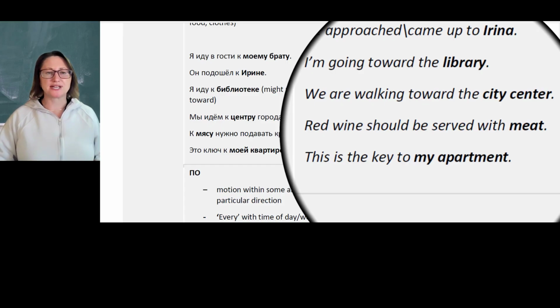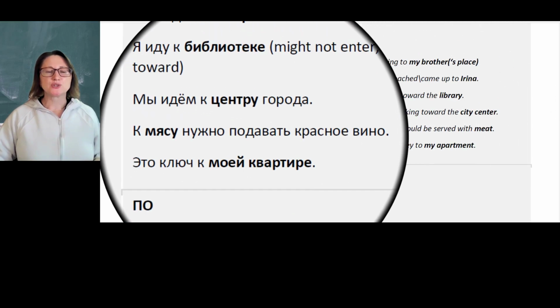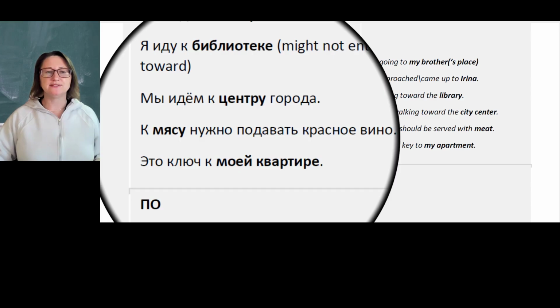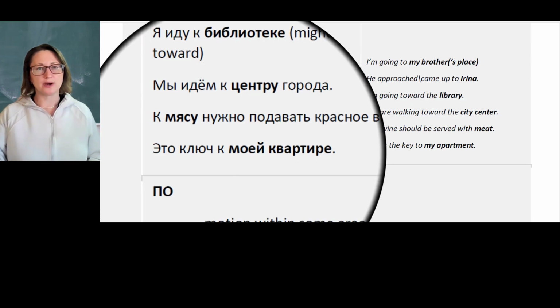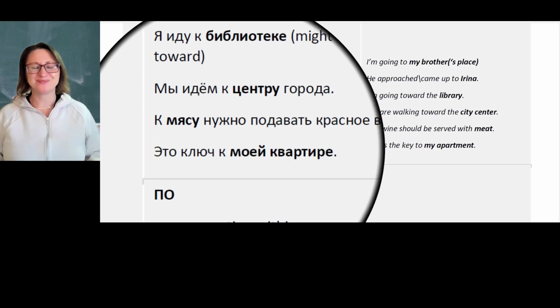And that's what's expressed with the к. So к мясу нужно подавать красное вино, which literally means to meat, one needs to serve red wine. We should serve red wine with meat, or red wine should be served with meat. And это ключ к моей квартире. This is the key to my apartment, that fits my apartment lock.